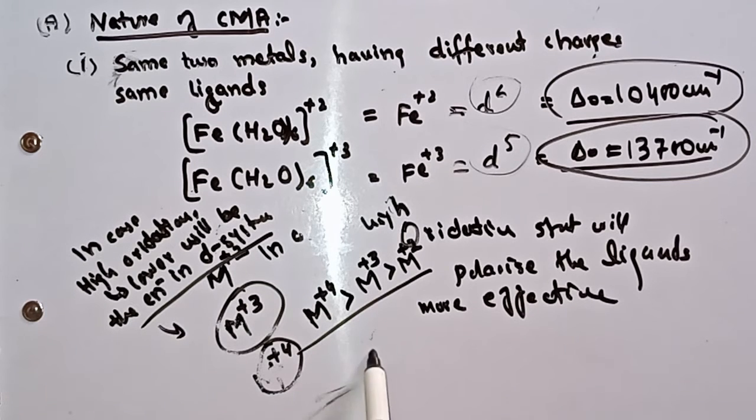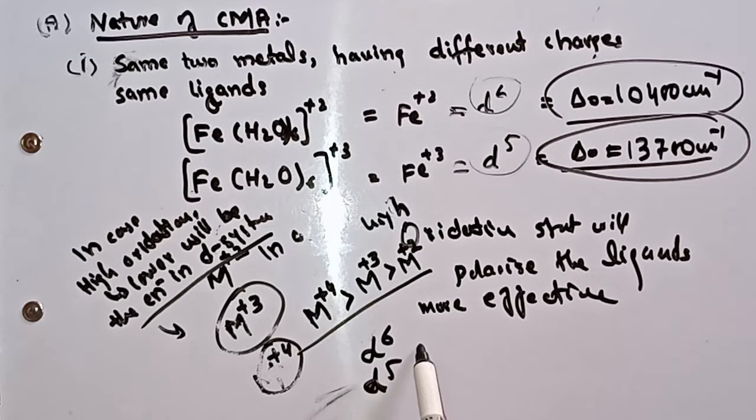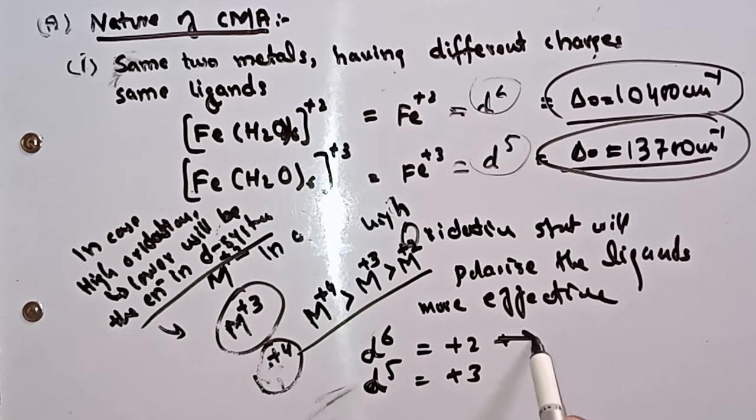Let's suppose another example: in one case the d system has 5 electrons, in the other case 6 electrons. Here it will be plus 2 charge, here plus 3 charge. So high oxidation state means a lower electron count, and lower oxidation state means a higher electron count.